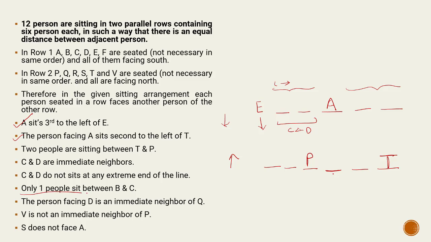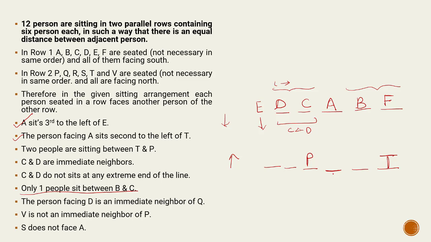Only one person sits between B and C. That tells me that I can place C here and I can place B here. This satisfies the condition that one person sits between B and C, and then I can place D here. So I am also ensuring that C and D are sitting together. They are immediate neighbors. So this remaining position in row 1 goes to F, because he is the only remaining person in row 1 as of now.